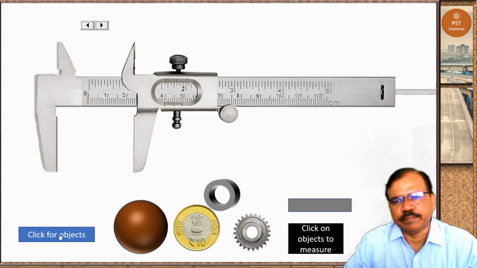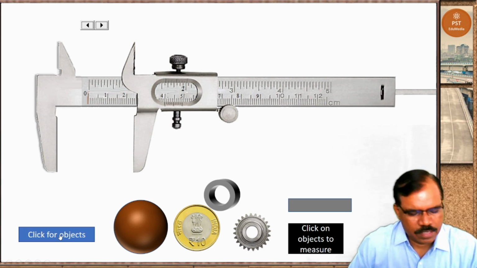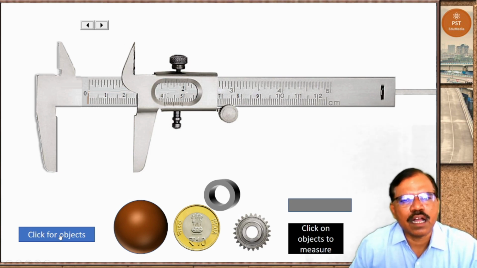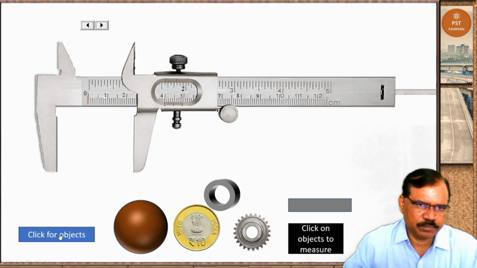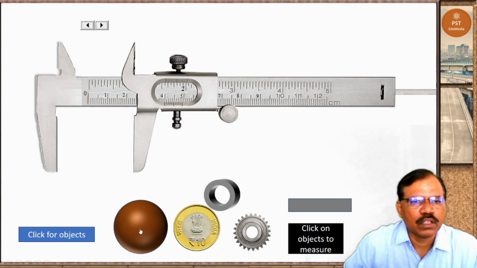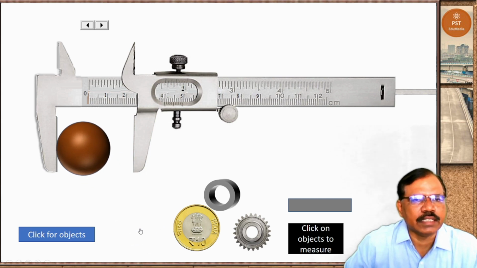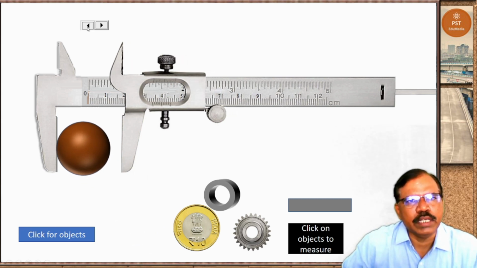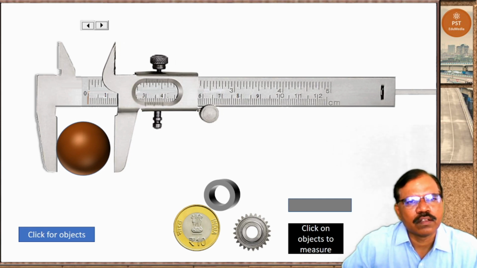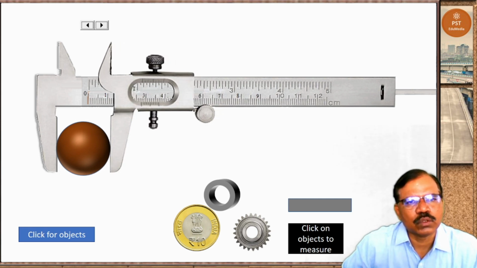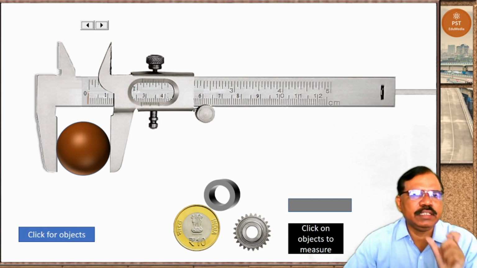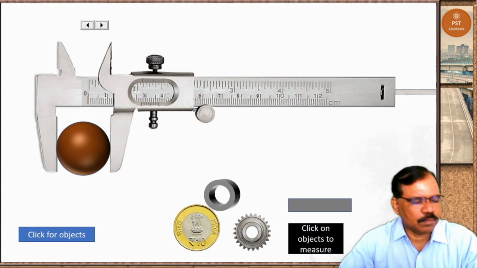I will take different objects and measure outer dimensions of those objects. So let us take first a sphere, and now move this so that the sphere is fixed between two arms of the jaw.